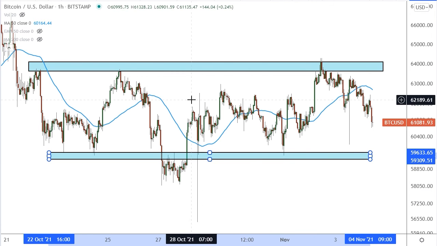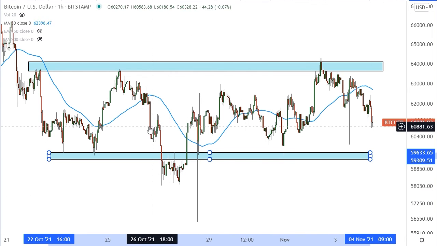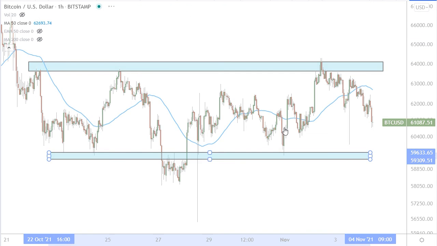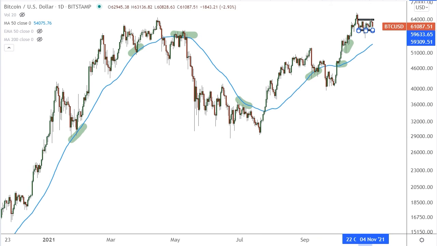So here are two different levels of support and resistance that are horizontal, and those are easy to find in a sideways range-bound type of market. So the moving average as support and resistance is one way that traders use moving averages.